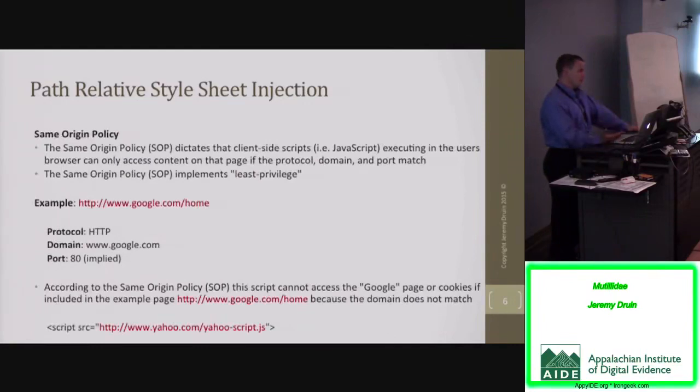So an example here is we have google.com/home, not a real page, but certainly a real site. And if you look at the script at the bottom of the screen, it's from the domain of yahoo.com. So if you were to include the yahoo.com script into the Google page, that yahoo.com script would not have access to change the Google page, and also it would be restricted from interacting with the cookies and the other resources that are associated with Google's page.